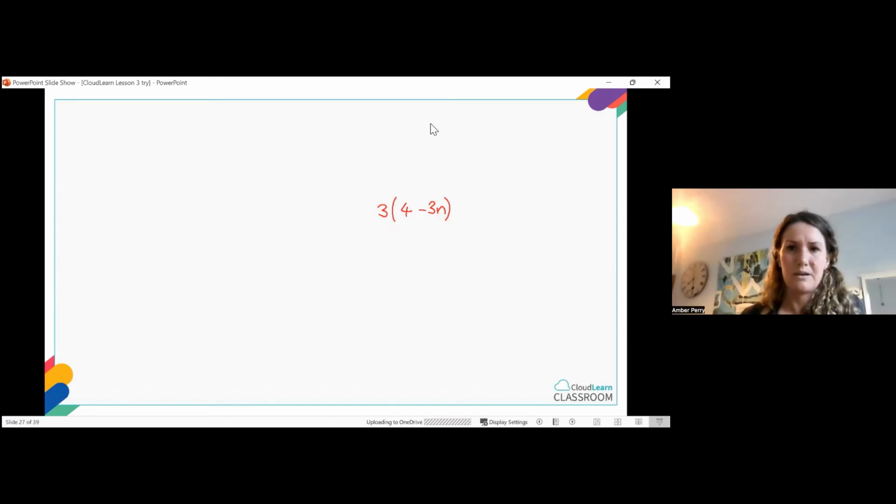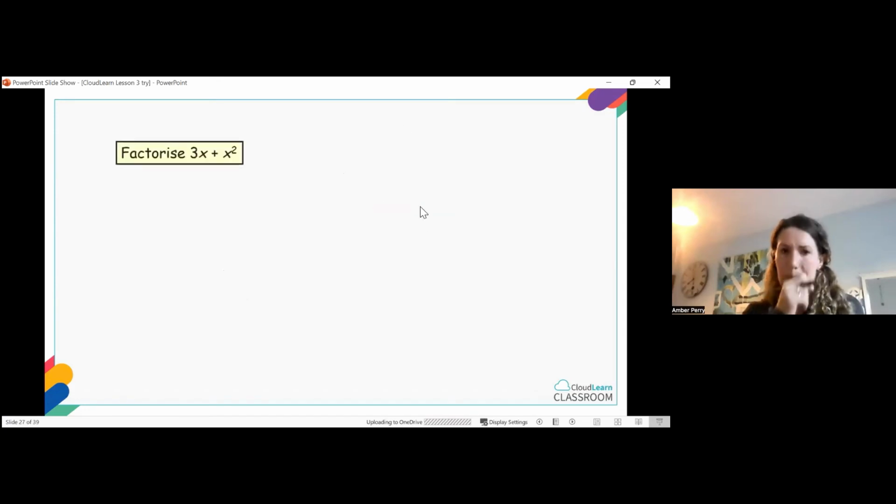Okay, can someone write in the chat for me what is the common factor of 3x plus x squared? Great, well done. Yeah, Tabitha. So the answer is x. This time we have a common factor of x. So it doesn't always have to be a number that's a factor. It could be a letter or a variable.